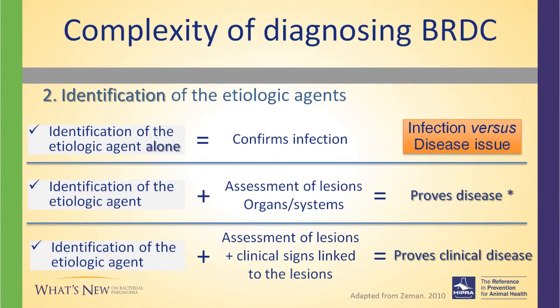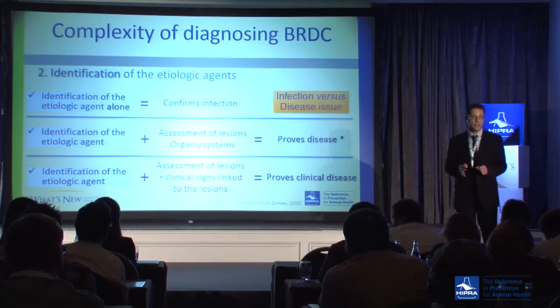And then, if you are lucky and you have the organs or you have the possibility to make a necropsy, and you also have clinical signs and a good clinical history, then you have proof of clinical disease.